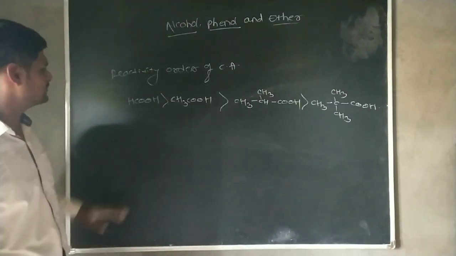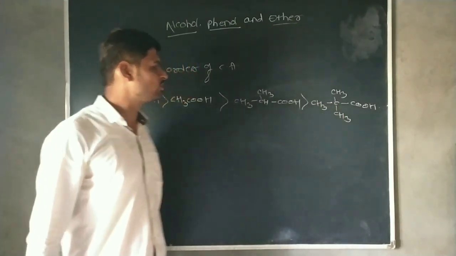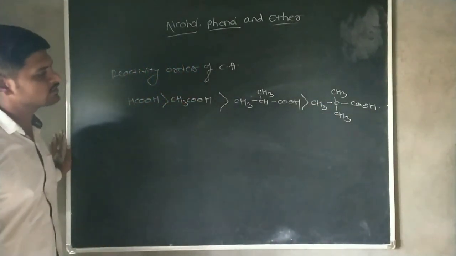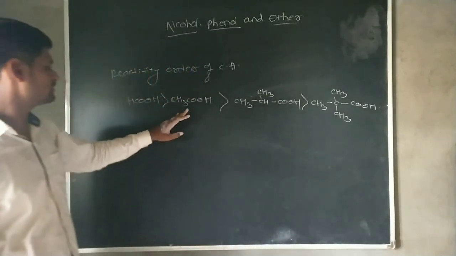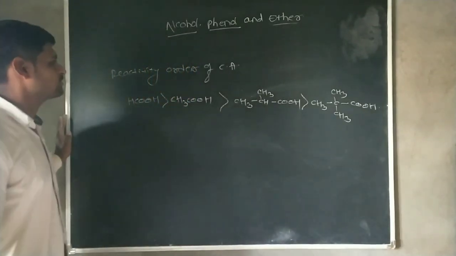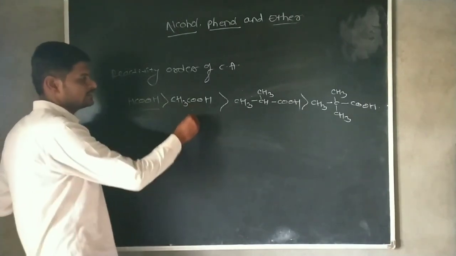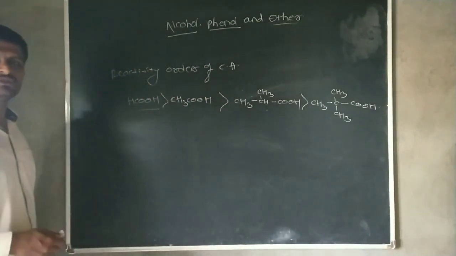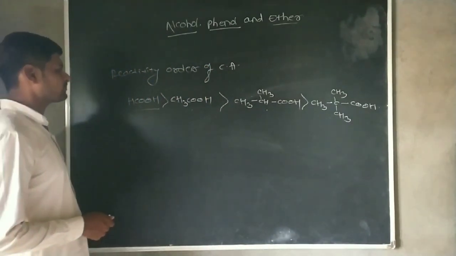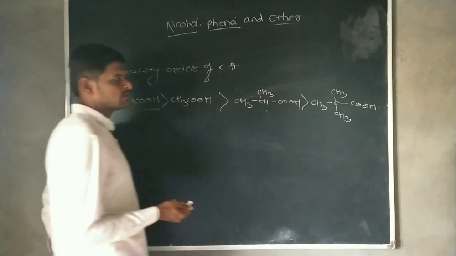In this case there is an isopropyl group attached here, then a neo group, and an iso group attached here. This is acetic acid, this is formic acid. The reactivity of formic acid is more than acetic acid, than these other acids, because it totally depends on how many alkyl groups are present in the acid.